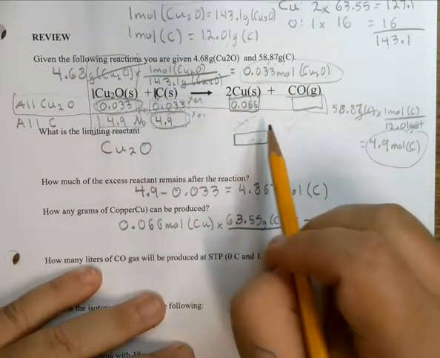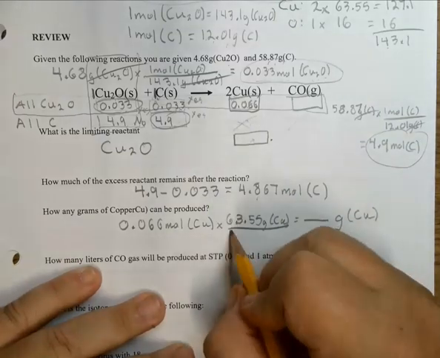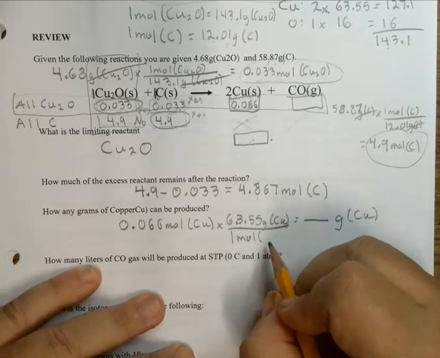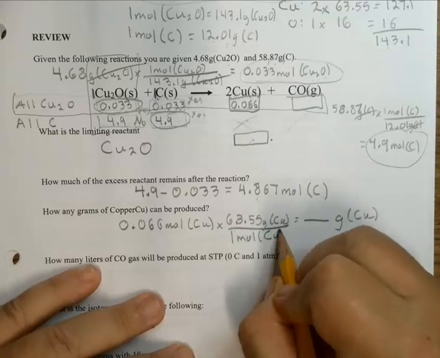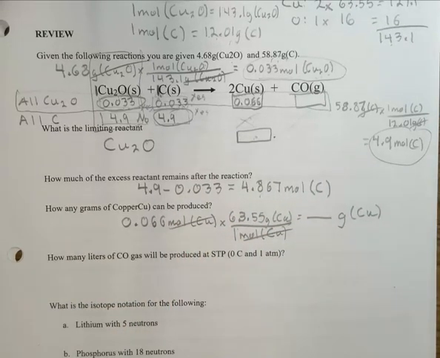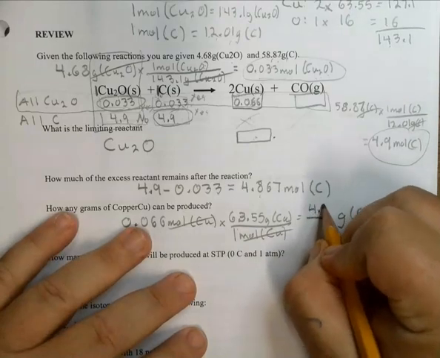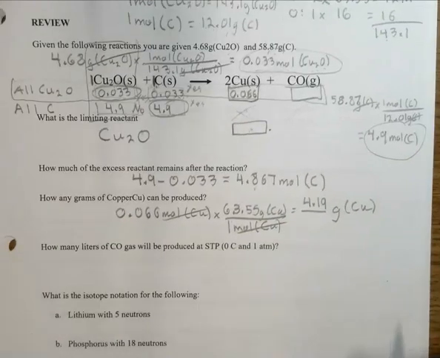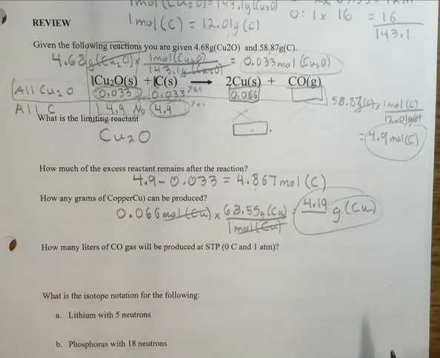It's not used here. This is a 1 mole for every 63.55. Okay, I keep beating on that because it's a very common mistake. So moles of copper goes away, and now I multiply 0.066 times 63.55. And that gives me 4.19 grams of copper produced from that reaction. Okay, so there's that answer there.